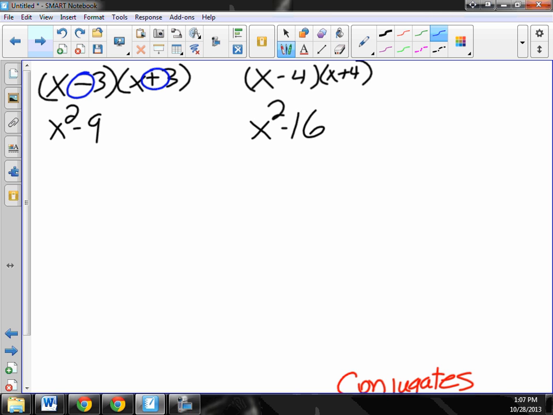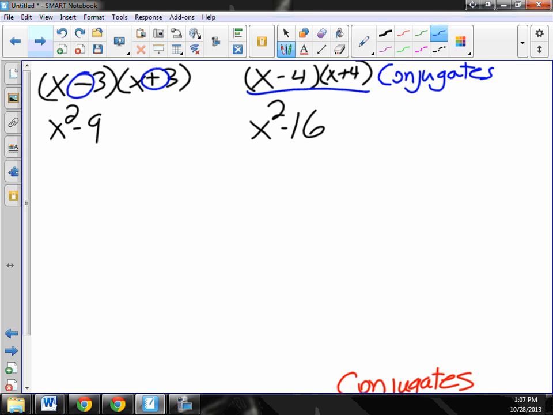Okay? So whenever that happens, these are called conjugates. Whenever you have two identical factors that have different signs, they're called conjugates. And the nice thing about conjugates is that the middle term always wipes itself out.